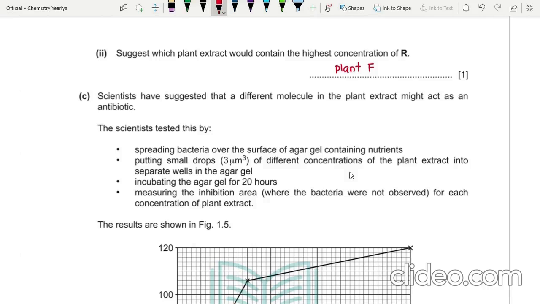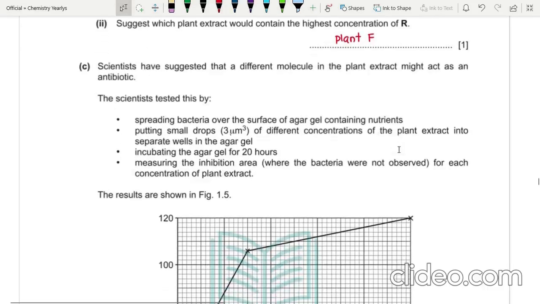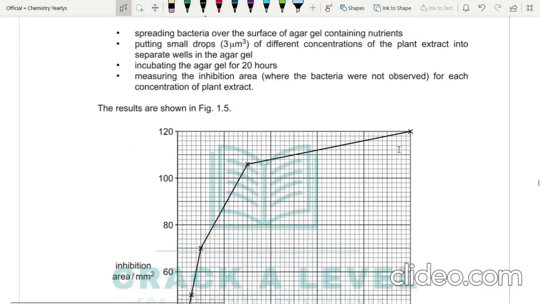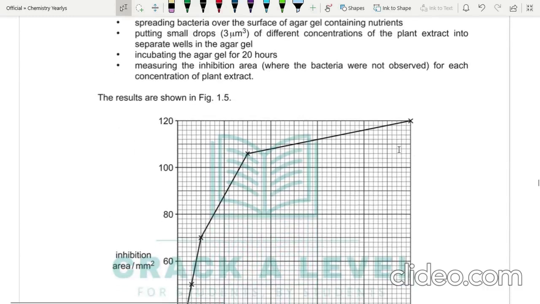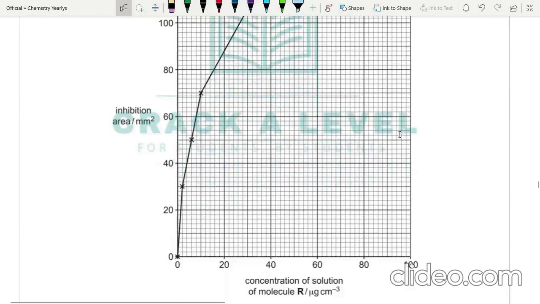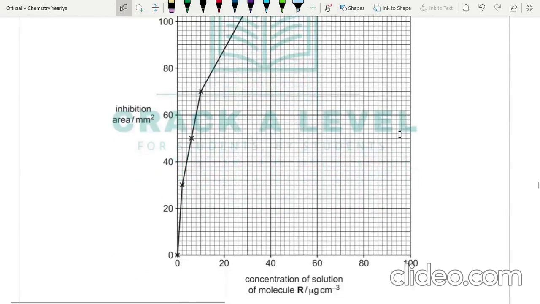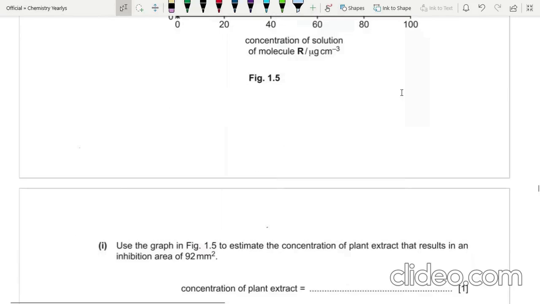The scientists tested this by spreading bacteria over the surface of agar gel containing nutrients, so the bacteria would grow on those nutrients, putting small drops of 3 micrometer cube of different concentrations of the plant extract into separate wells in the agar gel, incubating the agar gel for 20 hours and measuring the inhibition area, where bacteria was not observed because it was removed by the plant extract molecule. This was done for each of the concentrations. We could see that the inhibition area is increasing as the concentration of solution of molecule R is increasing.